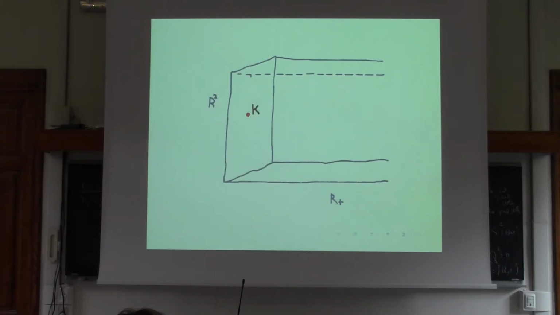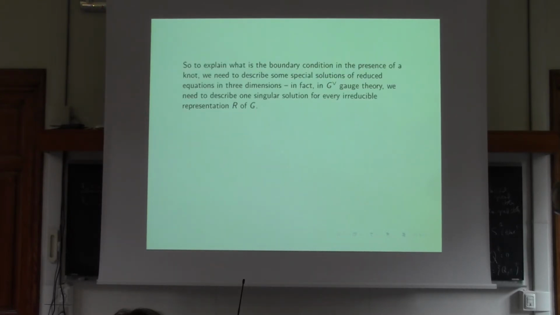So the picture looks like this. Here's R2, and here's a half line R plus. The knot in the reduced picture is just a point. So we have some reduced equations on a 3-manifold, which have a Nahm pole generically along the boundary and exceptional behavior at one point. You can also assume some translation and scaling symmetries.